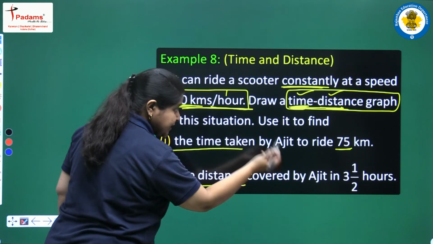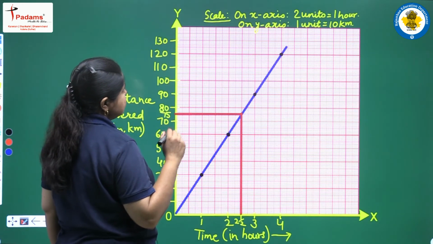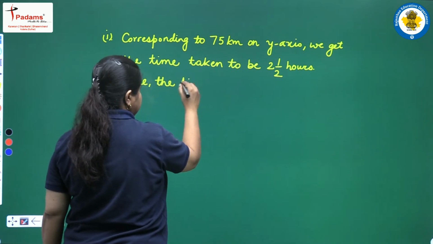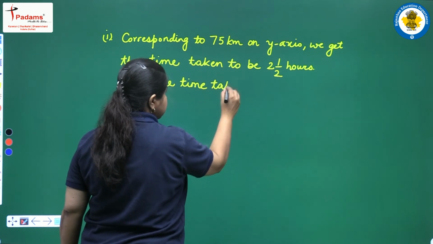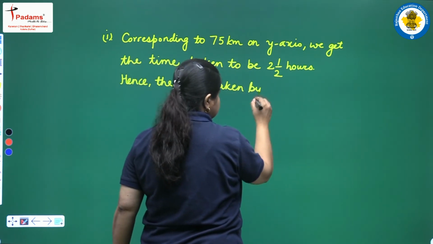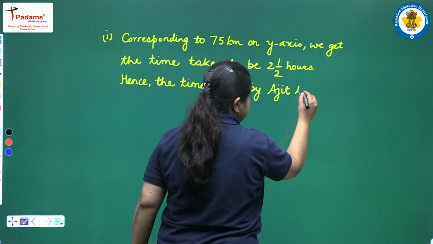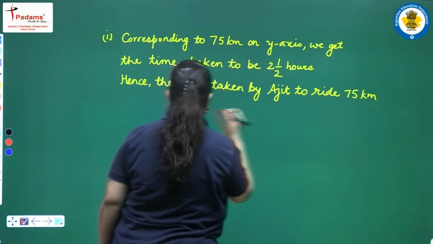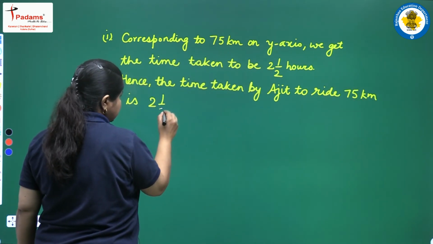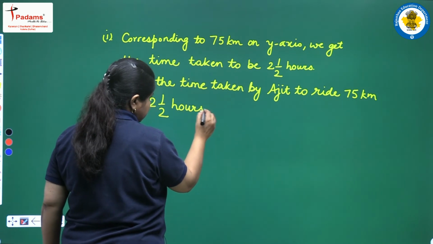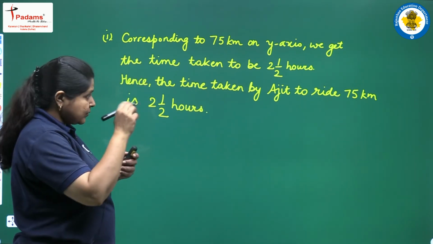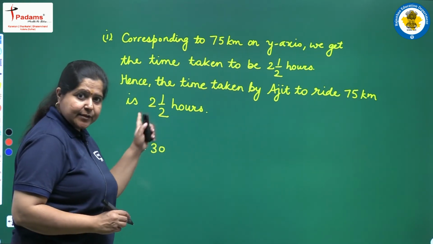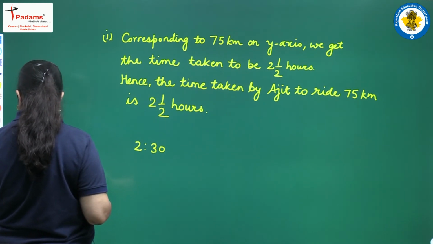The time taken by Ajit to ride 75 kilometers, we write here. Hence, the time taken by Ajit to ride 75 kilometers is 2.5 hours. Okay, alright. You used to represent this as 2.30 also, 230 hours, you can represent it this way too. Again it means 2.5 hours.